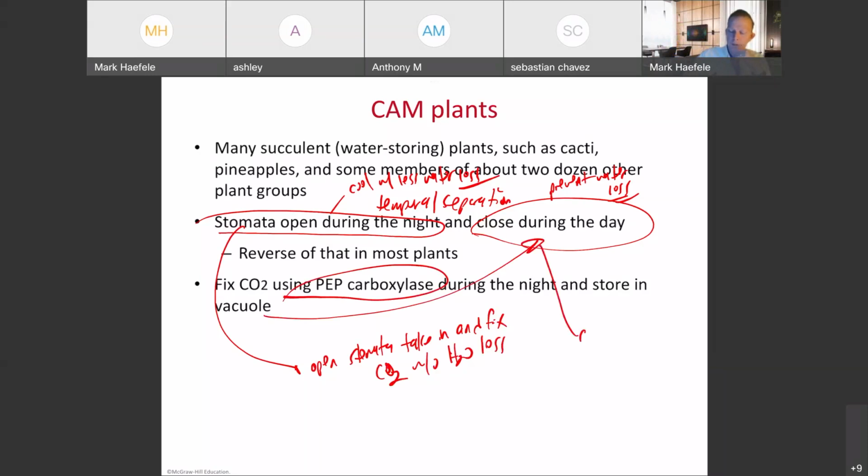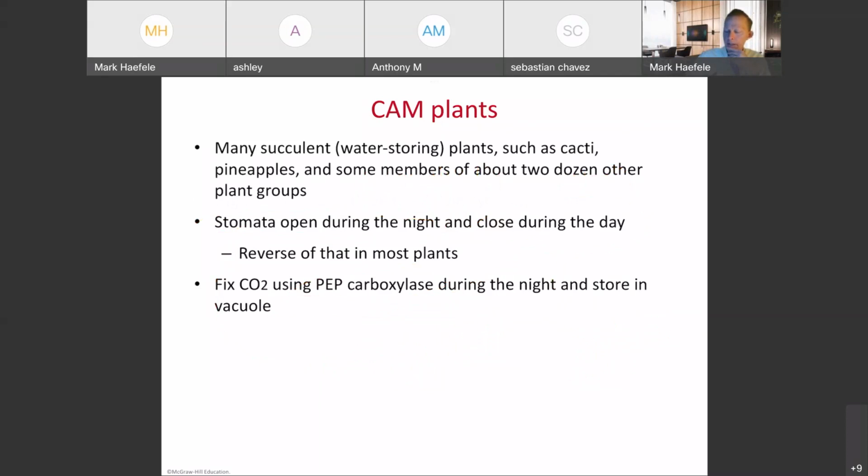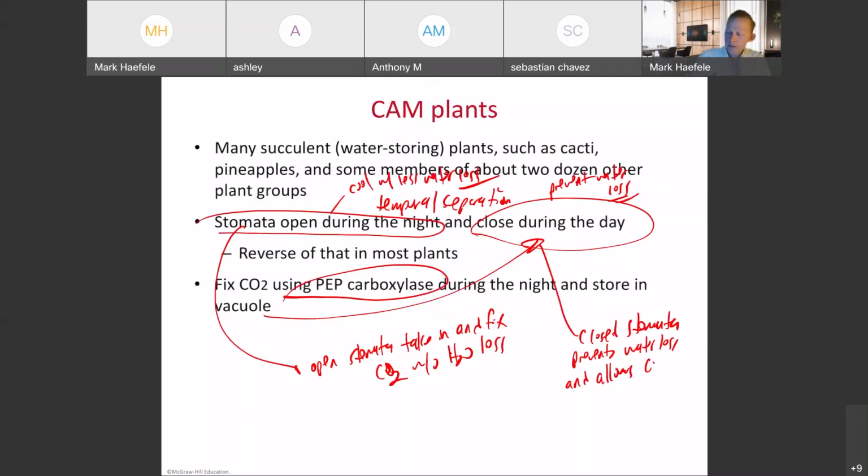And then during the day, closed stomata prevents water loss, and it allows CO2 fixation from stored CO2 during the day.